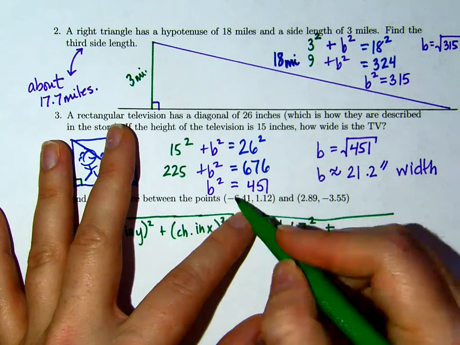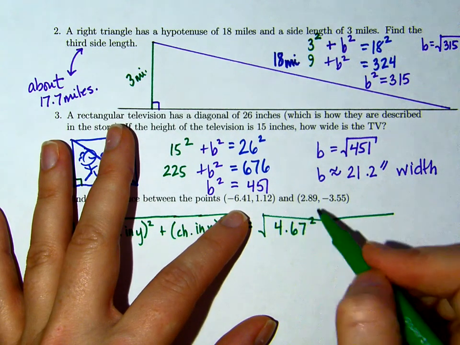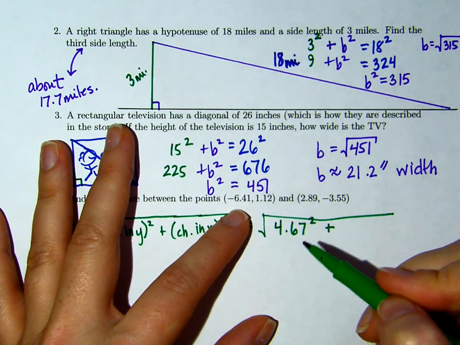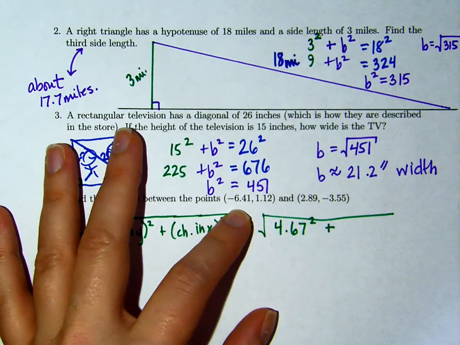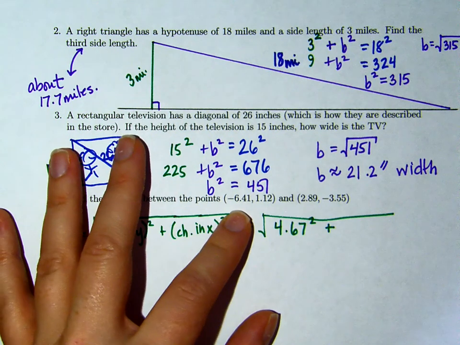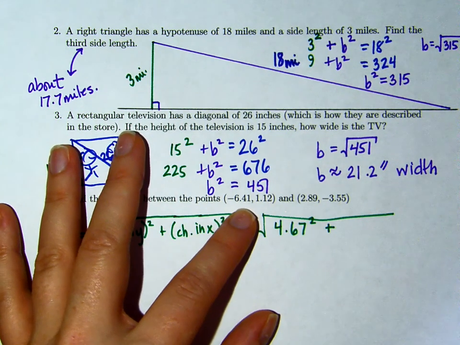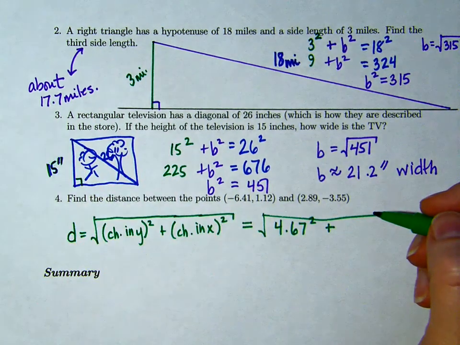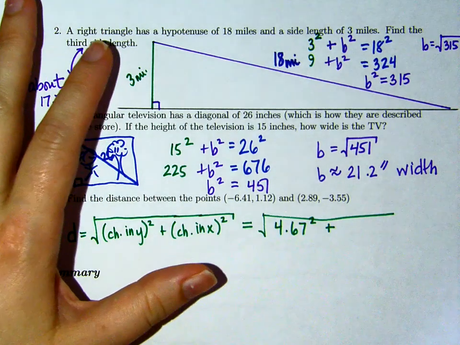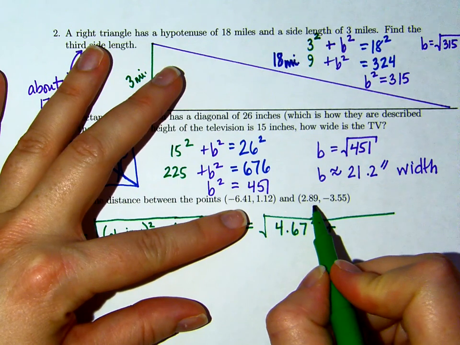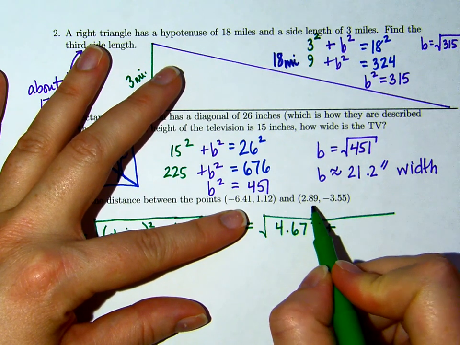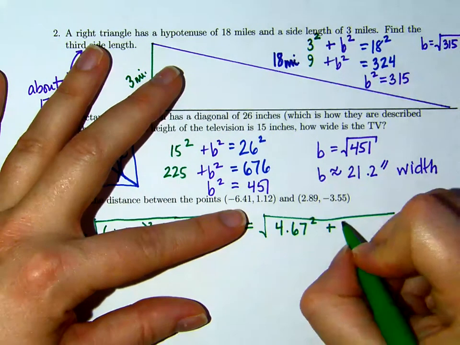If you end up with a negative here, you just turn it into a positive. Or if you have a negative, I'm actually going to write it as the negative here. Negative 6.41 minus 2.89. That difference is negative 9.3. I typed it in right.